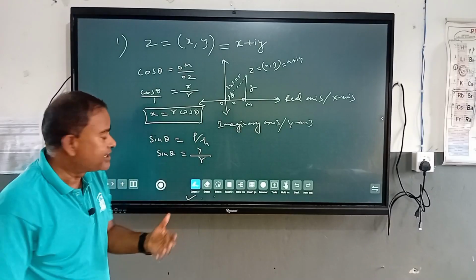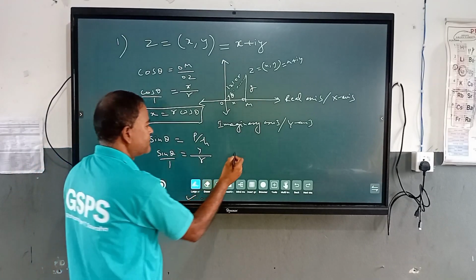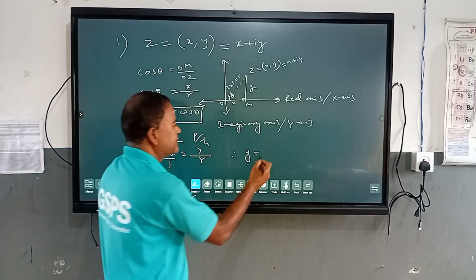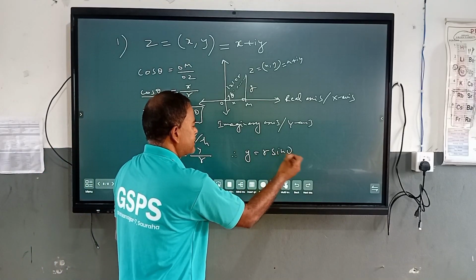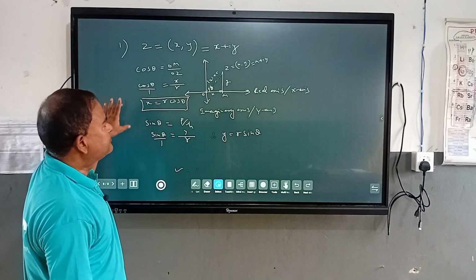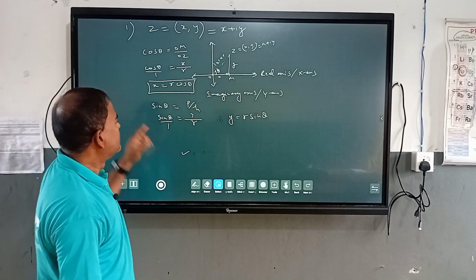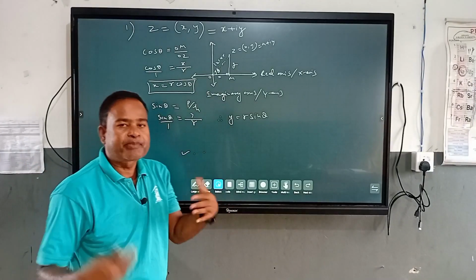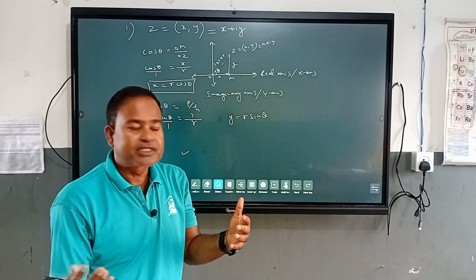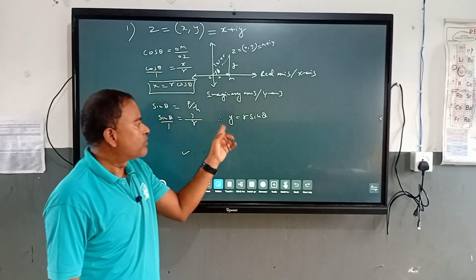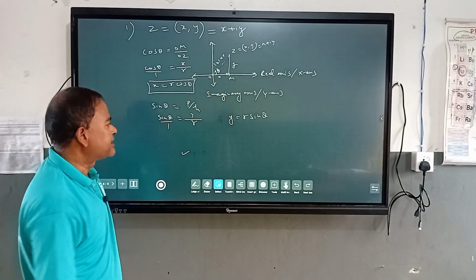So after cross multiplication, we get y equals r times sin theta. So dear students, the y component, or we can say the imaginary part of the given complex number z equals x plus iy, we have got y equals r times sin theta.